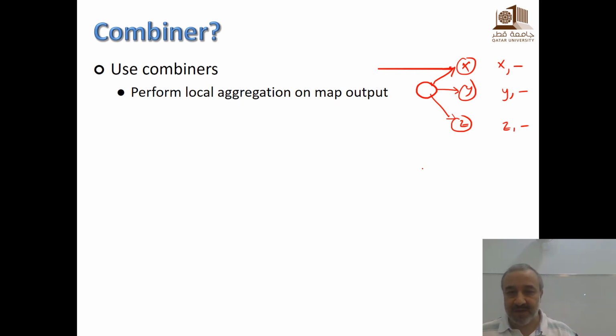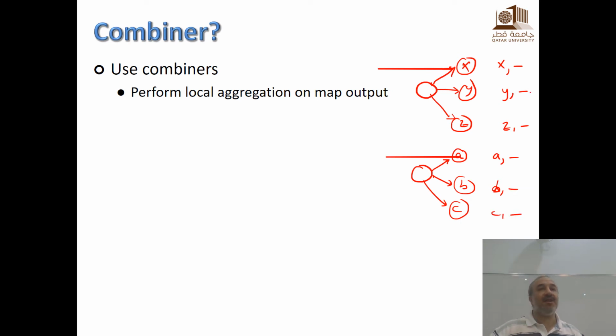So let's take another node. Another node will have adjacency list A, B, C. Now these two nodes will be processed at the same mapper or map task. So this will produce A, B, C.